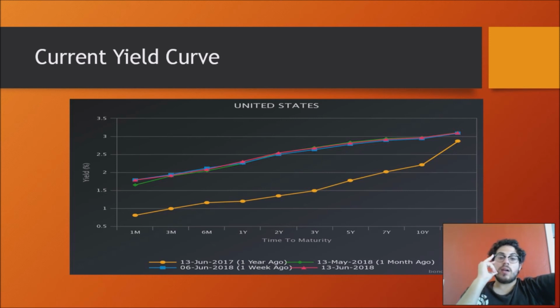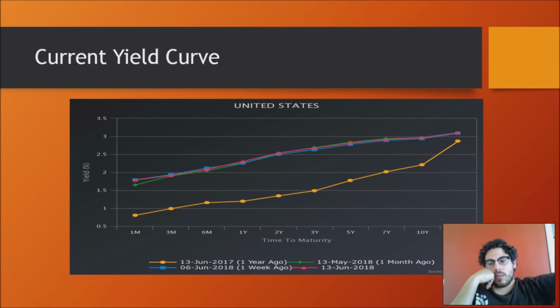Then you can see the green one, the blue one, and the pink one. Actually, it's purple. The green one is from last month, the blue is from last week, and the purple one is from today.